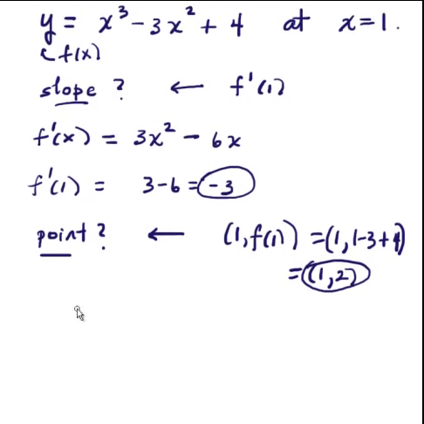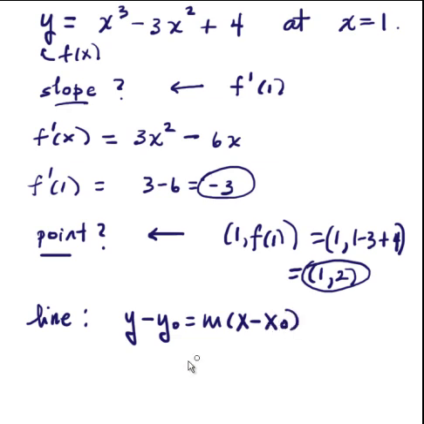All right, we can use the equation of the line. Y minus y0 equal m, x minus x0. All right, so we have y minus 2, the y coordinate of our point, equal m.